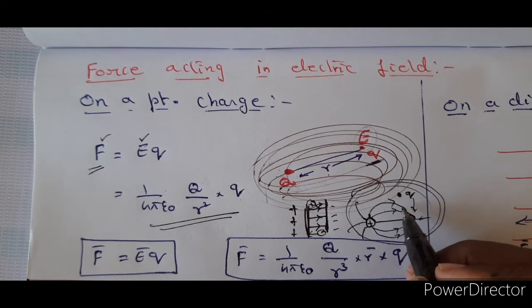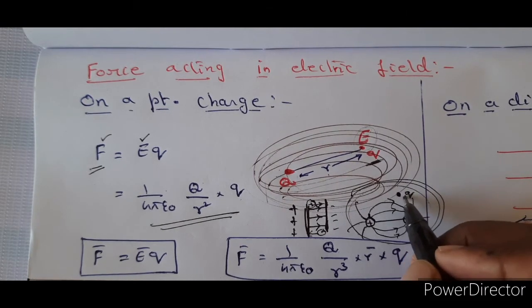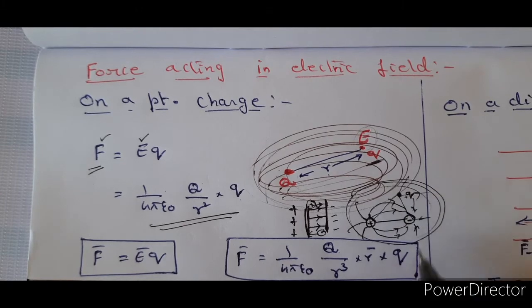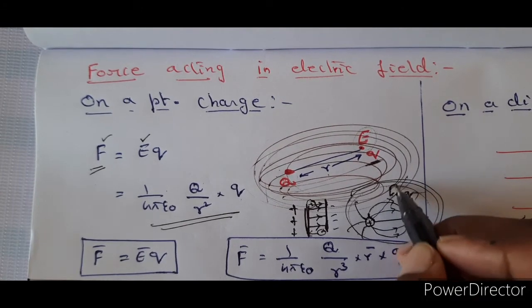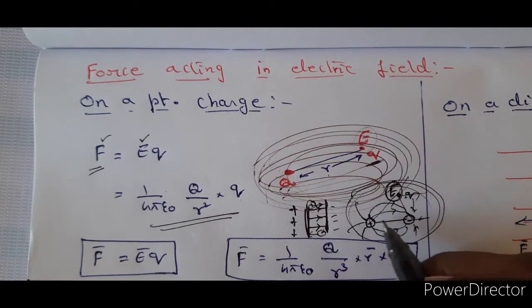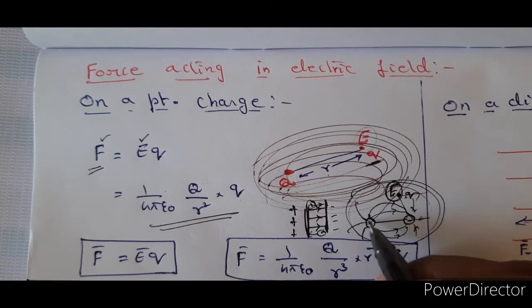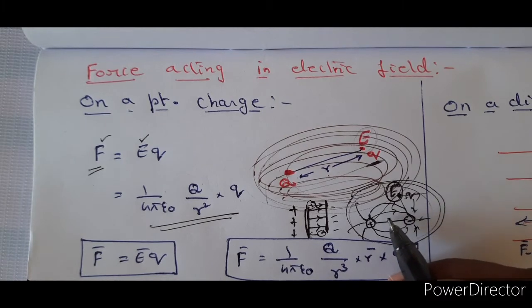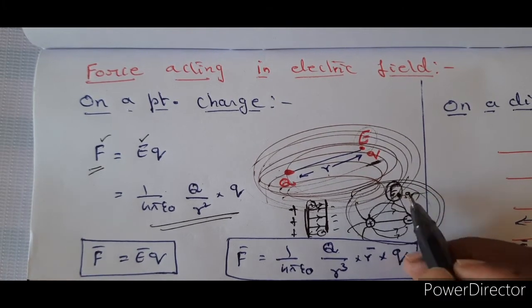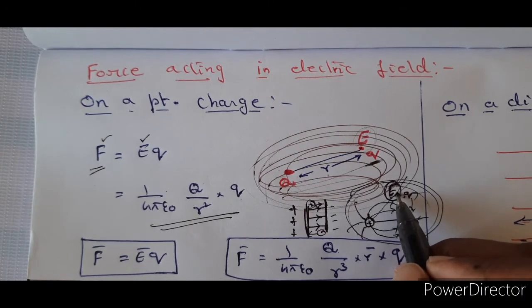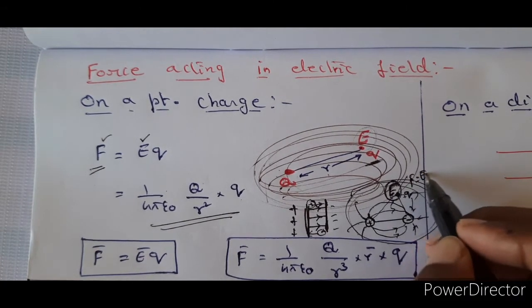You know pretty well. At this point, if it is a positive charge, it is repelled by this and attracted by this, and therefore this is how it moves. We have determined E at this point because of the dipole. Of course, the field around the dipole is non-uniform. Now if you leave a charge at this point, find out the effective E at this point, and then F is equal to EQ.